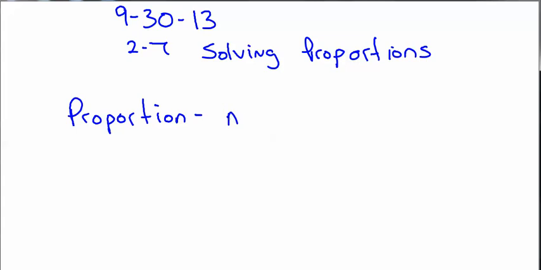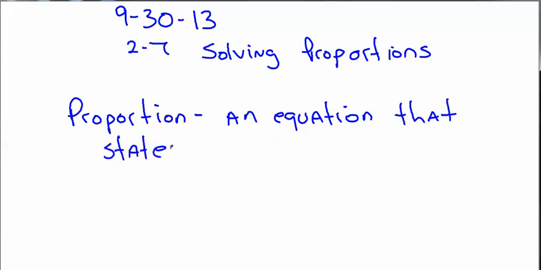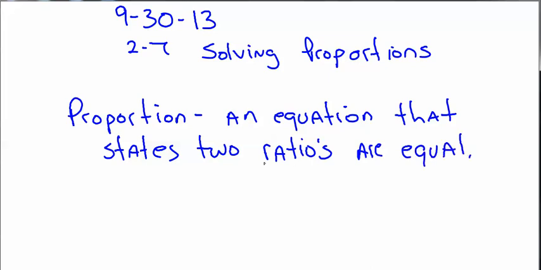What's a ratio? Quickly. Good. When you hear ratio, you think fraction. A ratio is a fraction. So a proportion is an equation that states that two fractions are equal. Fair enough?